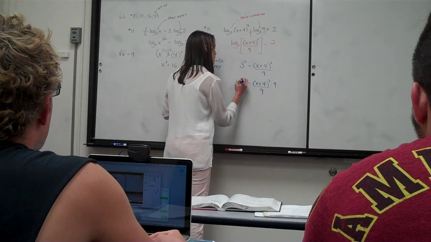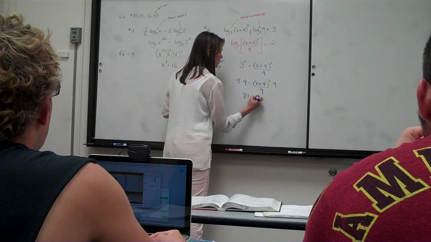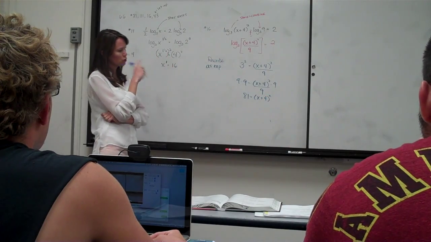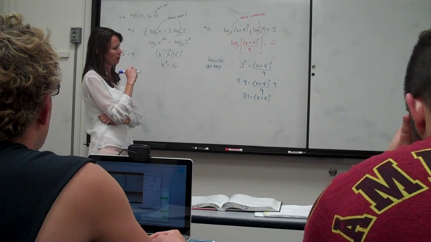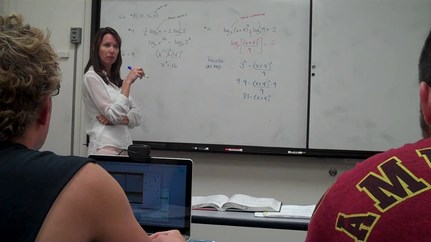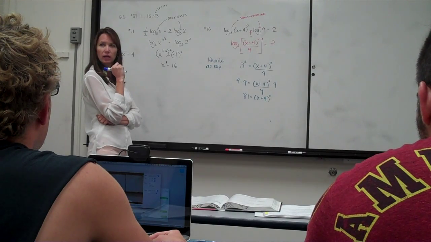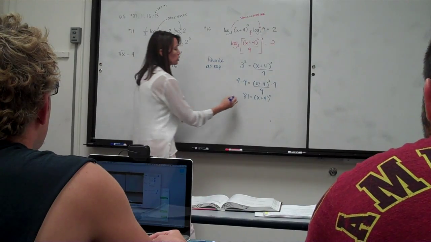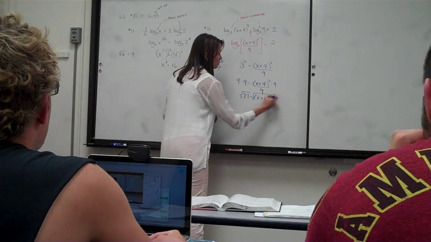Then we times by 9, so we get 81 equals x plus 4 squared. 2 options to go from there. You could expand that out, but do you see a shorter cut? Square root. Good, because it's already a perfect square. So you could square root both sides.